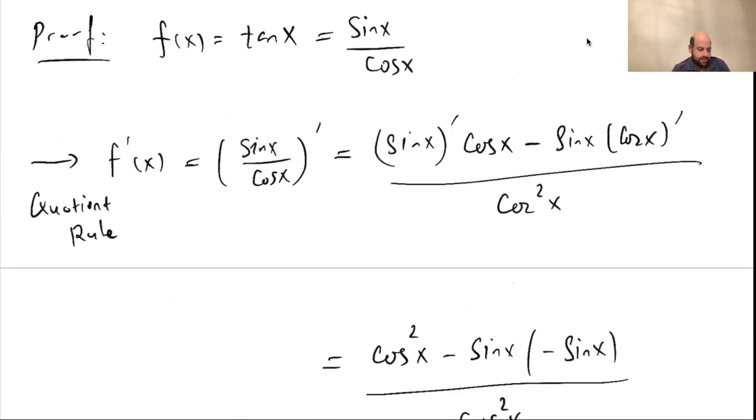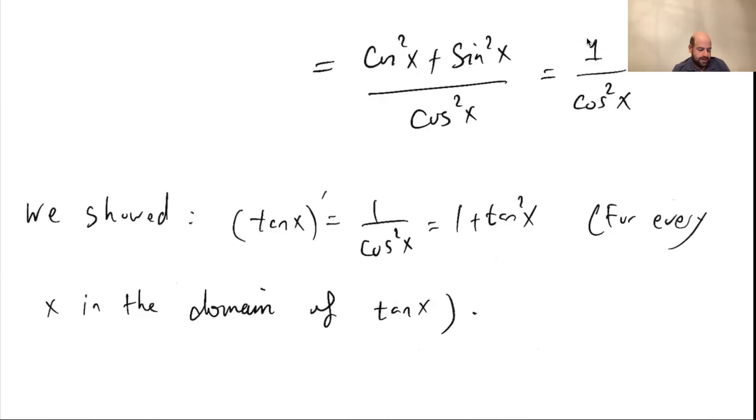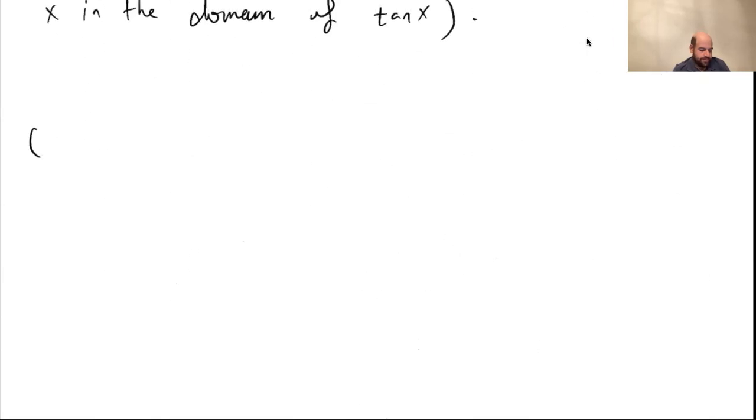All right, so similarly, we can do the formula for cot x. So number 10, f of x equals cot x.